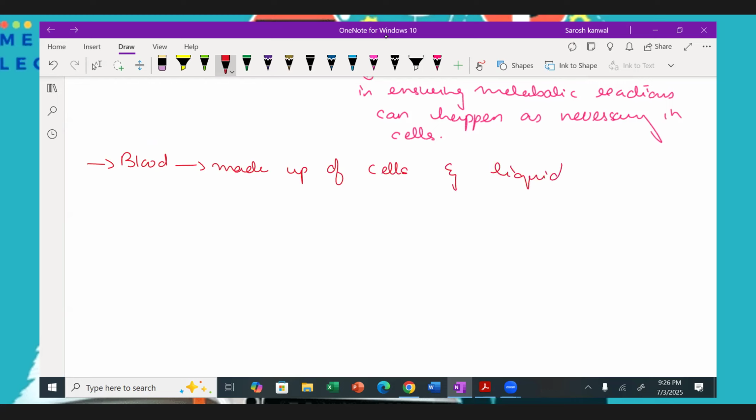Yes, that liquid is basically called plasma, right? And that plasma is actually 92% water. And that is a way of transporting many substances.